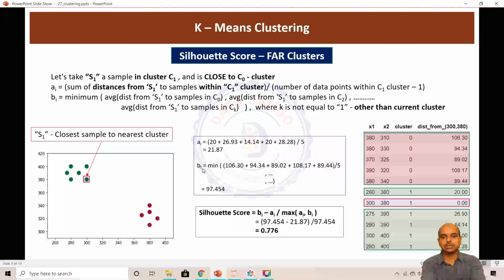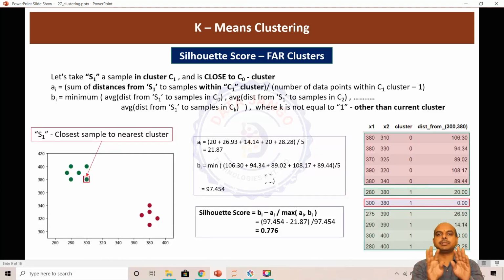When you substitute this into the formula, bi minus ai divided by maximum of ai and bi, what are we trying to do? We are calculating the distance between the current data point's average distance within the cluster and to the closest cluster. bi is the average distance to the closest cluster. ai is the average distance within the cluster.